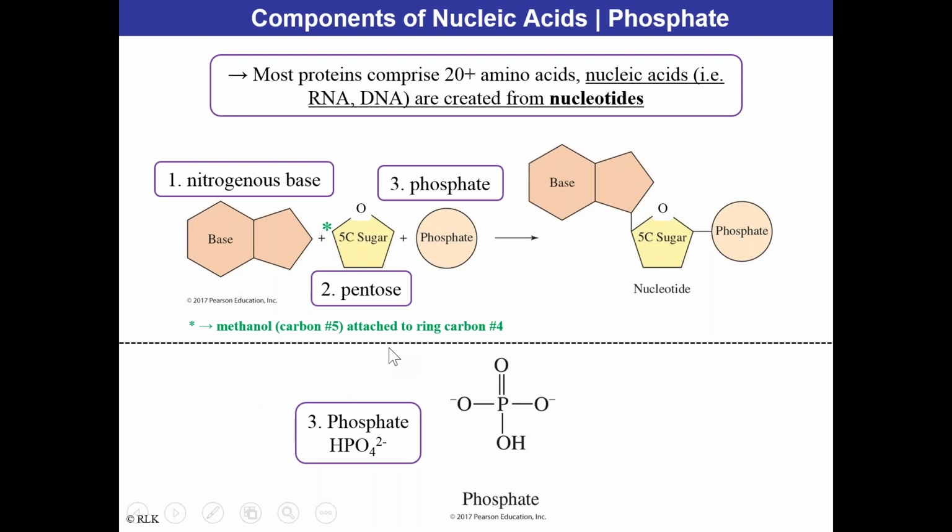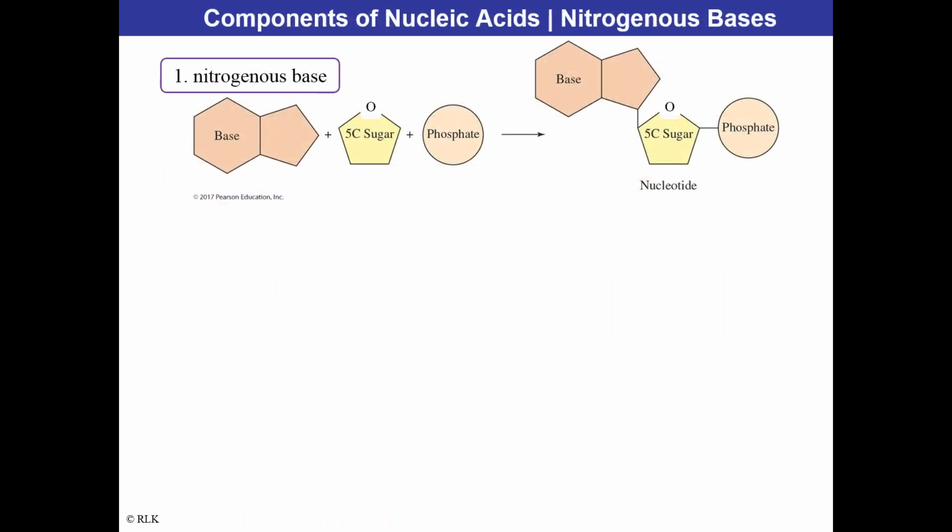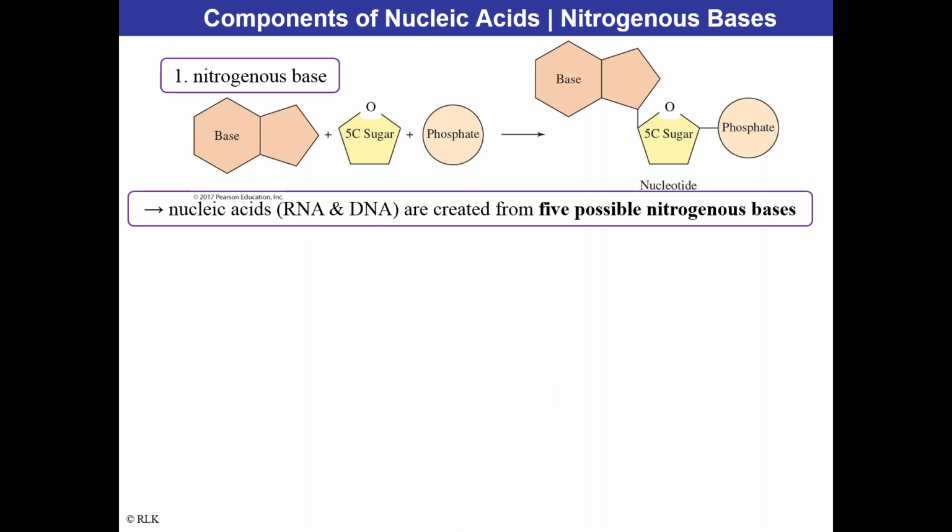What does the phosphate look like? Just that, PO4, H, and it has a 2 negative charge. And that's going to become very important because nucleotides have the phosphate, whereas nucleosides will not. It'll become apparent later. All right, so we have nitrogenous base, we have the sugars, we have the phosphate. Let's talk about the different nitrogenous bases.